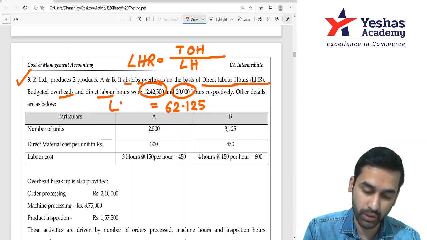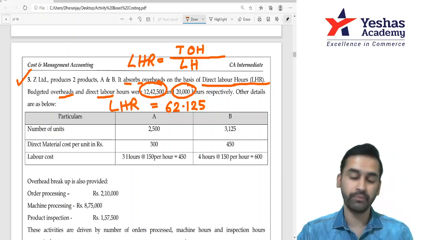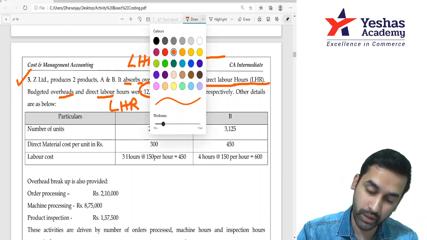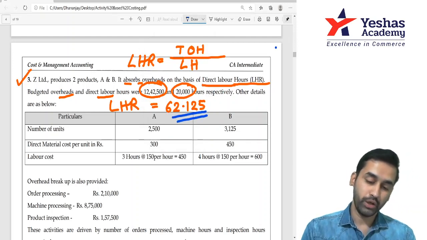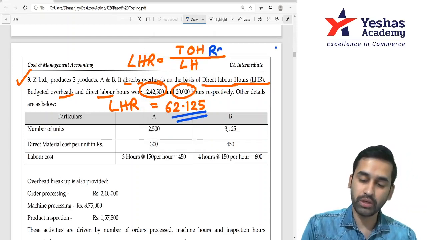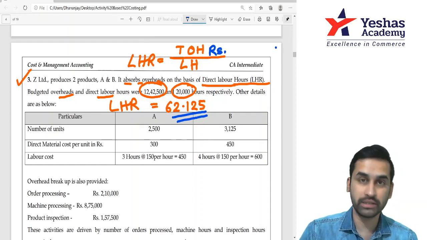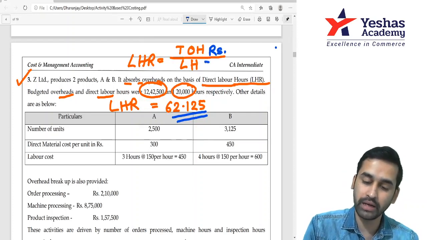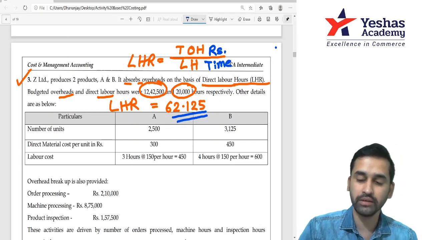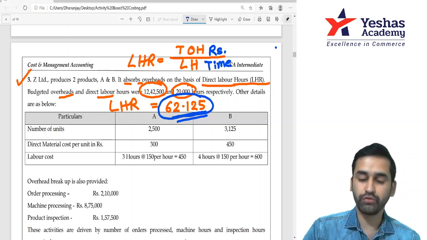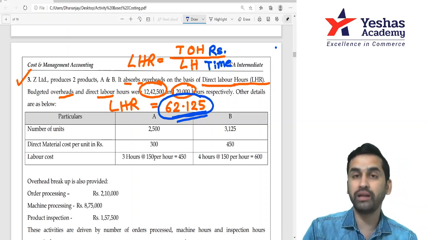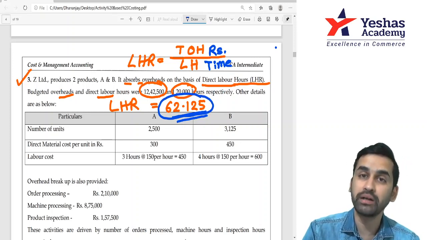What is 62.125? LHR. That's okay, sir, but what is the meaning of 62.125? You see what you did. Numerator is amount in rupees, total overheads, and denominator is labor hours, that is in time. Which means 62.125 will be overhead cost per labor hour.